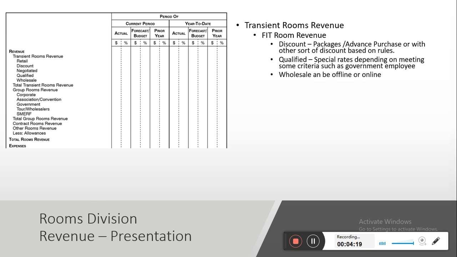The difference between the wholesale and the negotiated is that negotiated is used by the company for their own purposes, for their own staff or their clients, while the wholesale can be the same rate. However, the objective of wholesale is to resell it to individual travelers, or a small group of travelers which doesn't qualify under the group business.